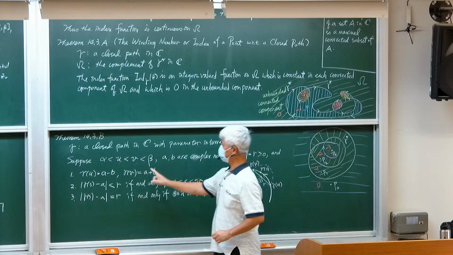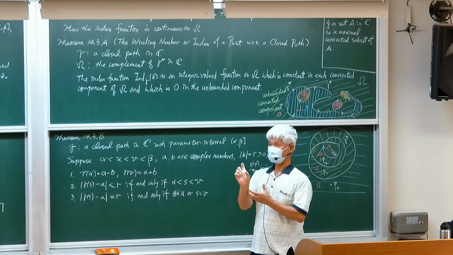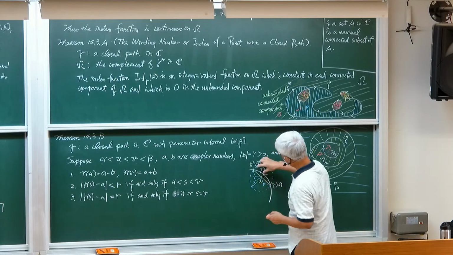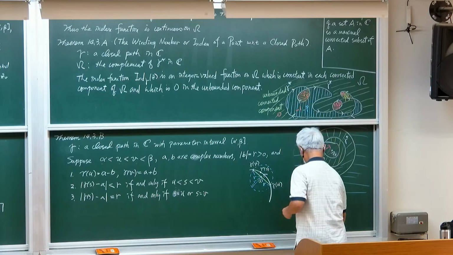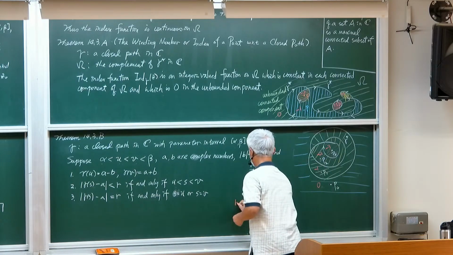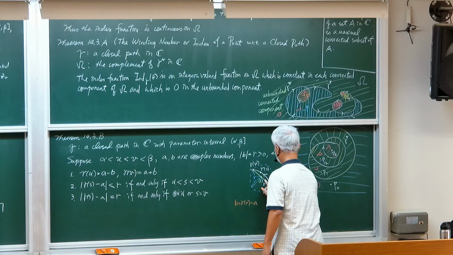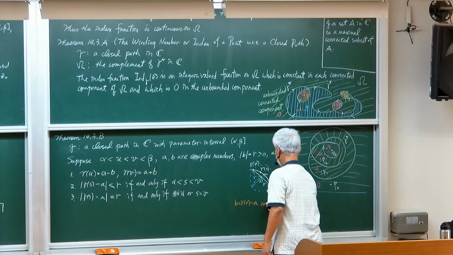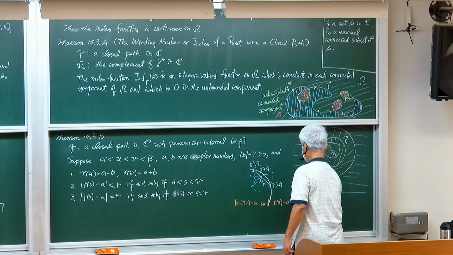As you can see, a complex number can be regarded as a vector, right? A two-dimensional vector. So this is the distance. So you can see that in here, B is equal to gamma V minus A. And you know that gamma U minus A is equal to minus B here.